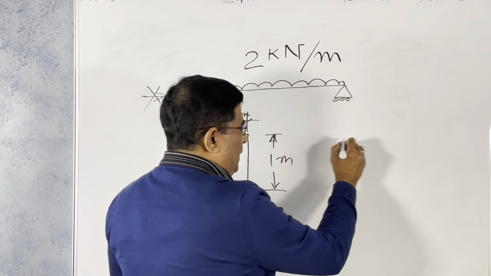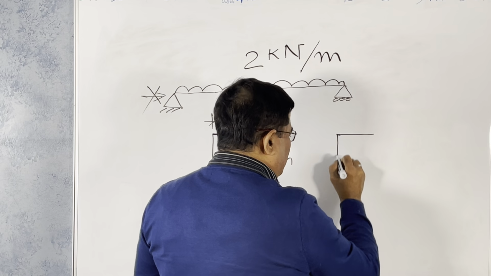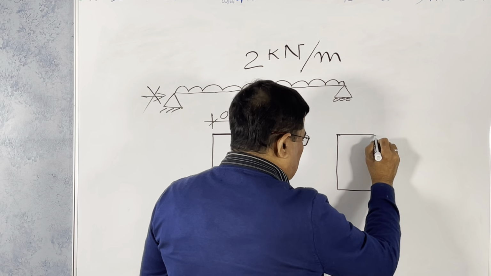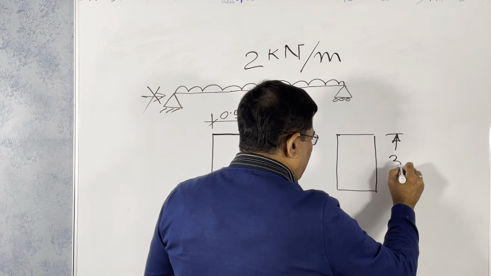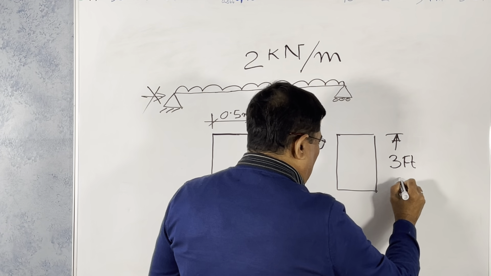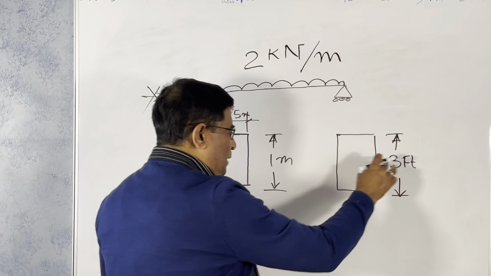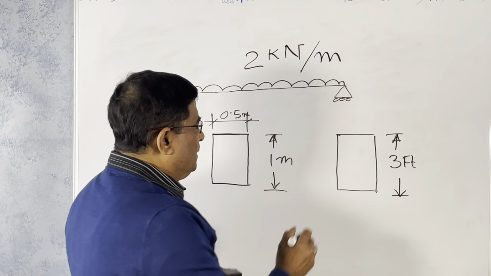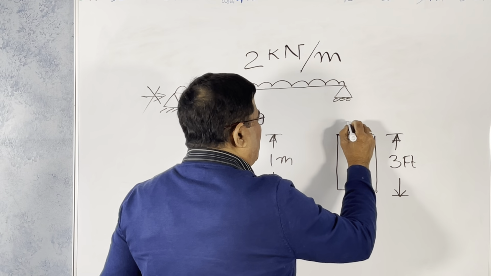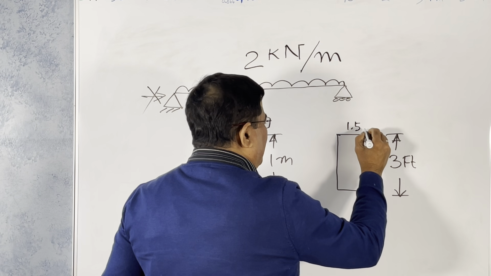Or in the American system, foot pound, say it is 3 feet. I'm putting 3 feet because 3 feet is almost equal to 1 meter. So the width is say 1.5 feet.